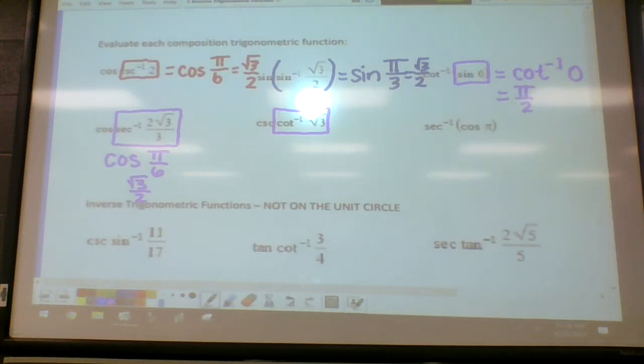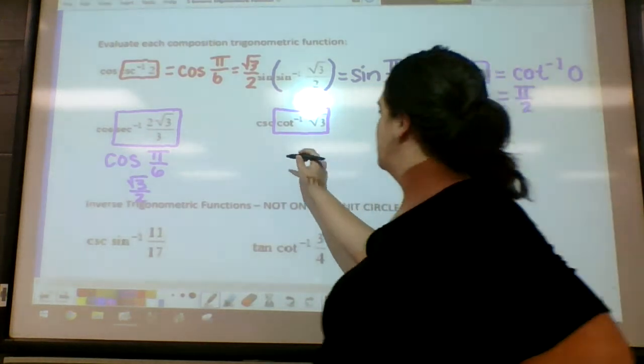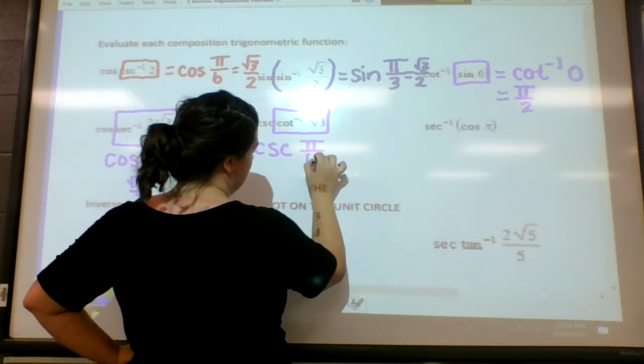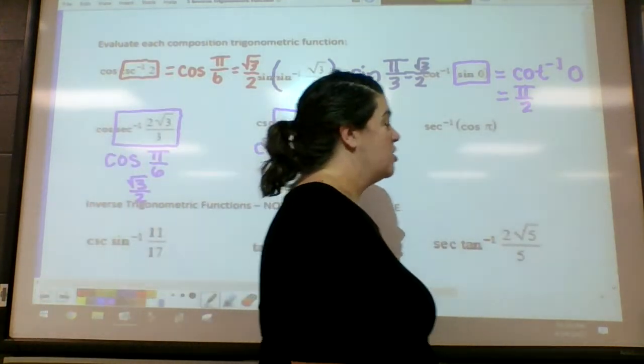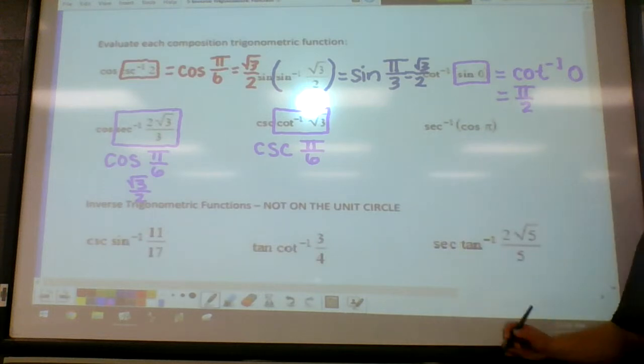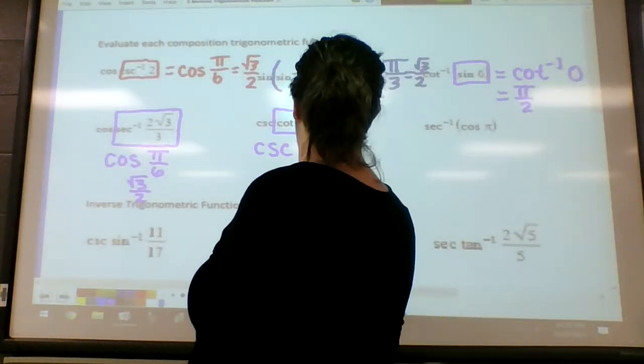At pi over 6. So this is going to say we need the cosecant now of pi over 6. And that was a question from the very first unit, right? Cosecant of pi over 6. Well, pi over 6, cosecant is the reciprocal of the sine. So take 1/2 and reciprocate it, you get 2.